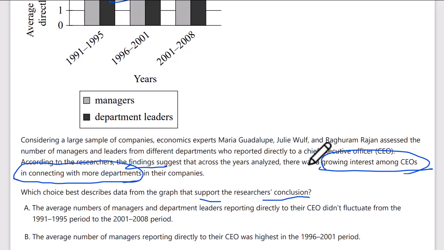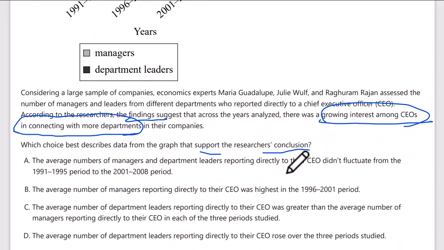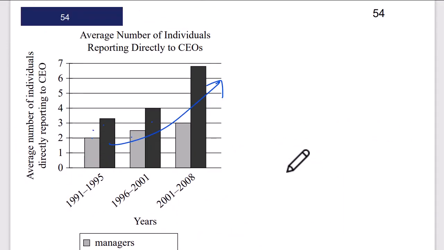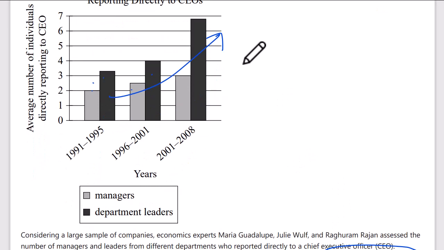There's a growing interest for the CEOs to connect with their departments, which would probably be represented by the department leaders. And is that true? What shows this? So the number for the CEOs and department leaders, the dark bars, are definitely increasing at an increasing rate. So that's kind of hockey stick up. That's good.